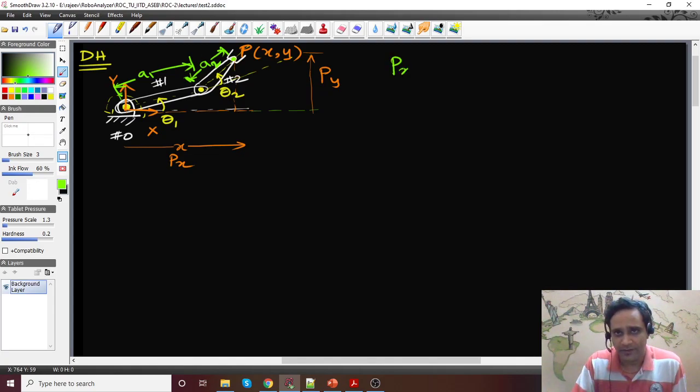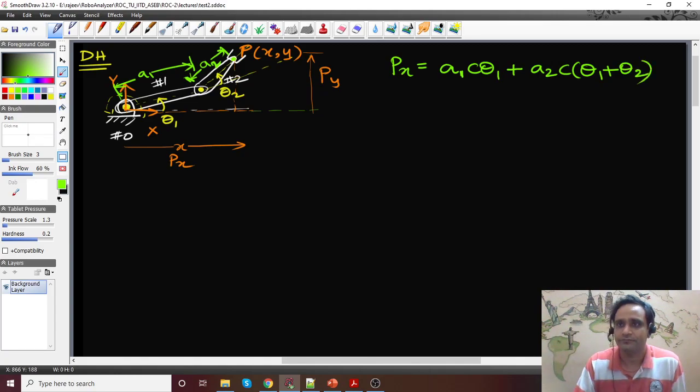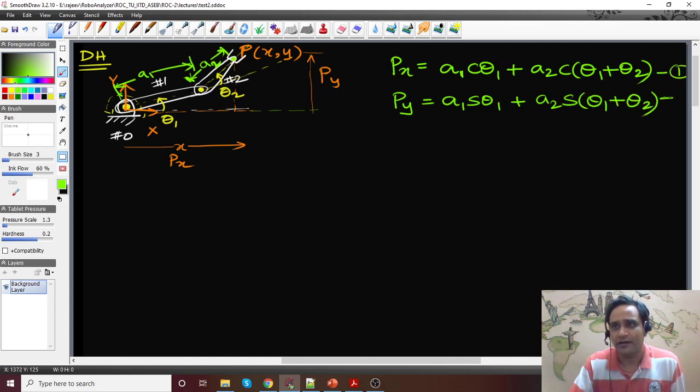Px can be written as a1 into cos of theta 1 plus a2 into cos of theta 1 plus theta 2. You can derive it using trigonometry and you will get the same expression. Similarly, py can be written as a1 into sine of theta 1 plus a2 into sine of theta 1 plus theta 2. Let me call this equation 1 and this equation 2.